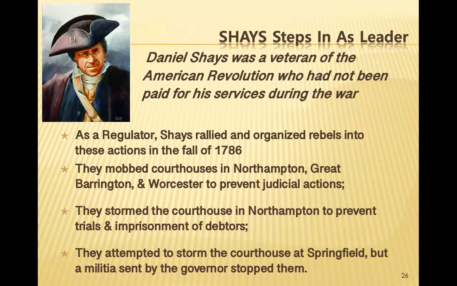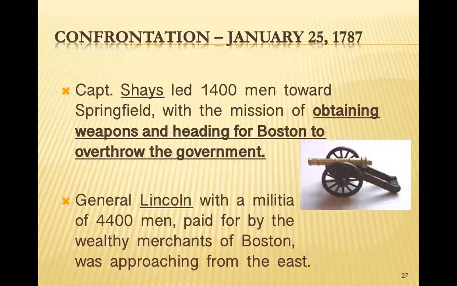So that went well. Then they decided to storm the courthouses in Springfield. But the governor decided to step in, and he sent the militia to stop them in Springfield. So that's when the confrontation decided to go down.